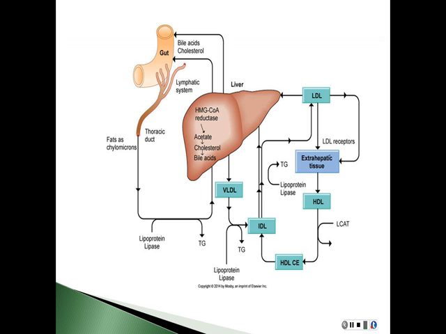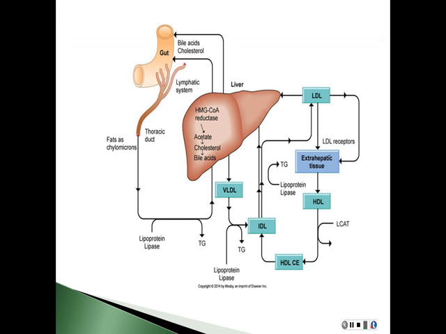And then the IDL is cleaved by the same process, and the LDL, or the lower density lipid, is created. So after this process, cholesterol is about all that remains in the LDL.